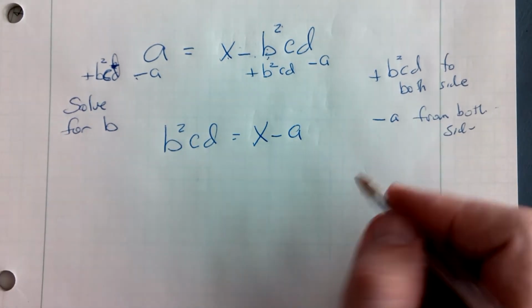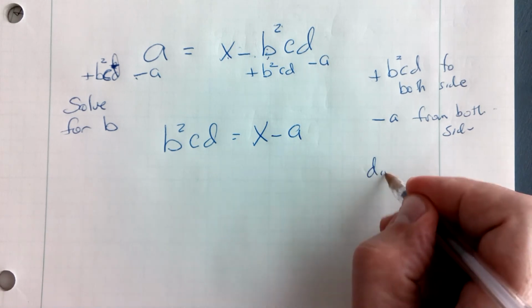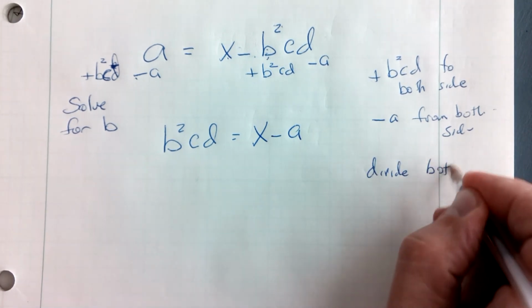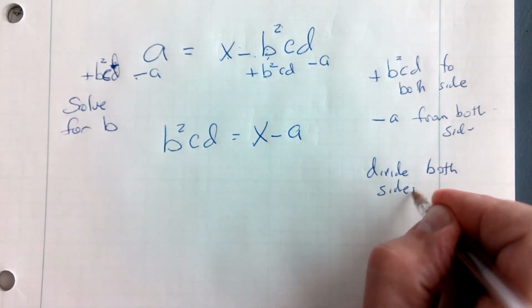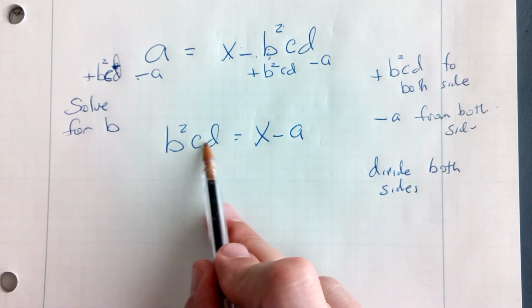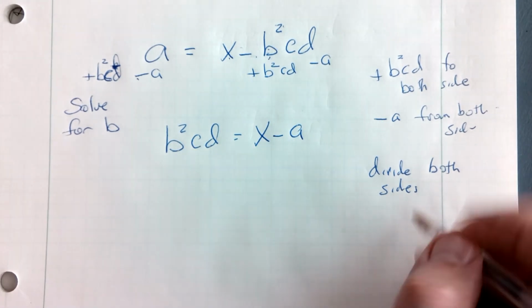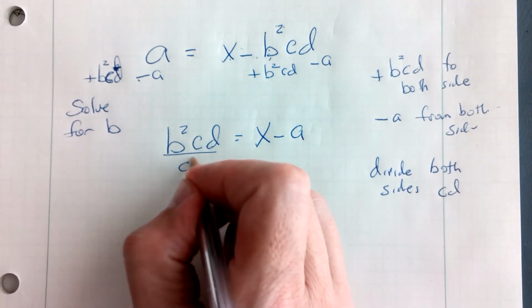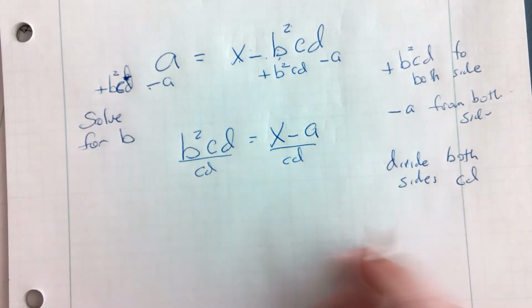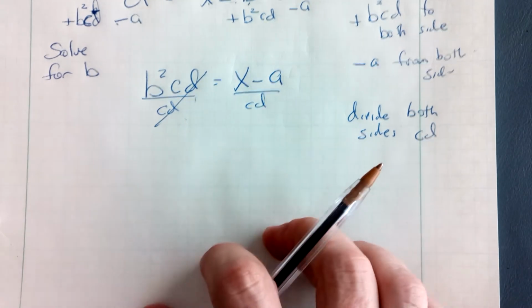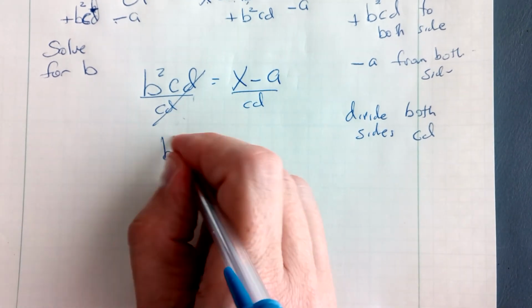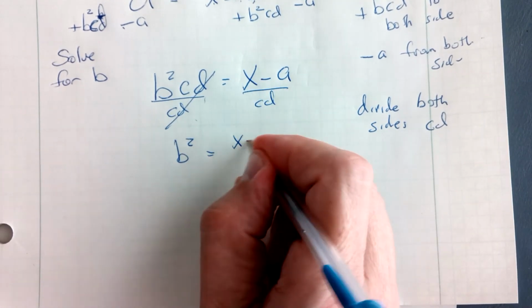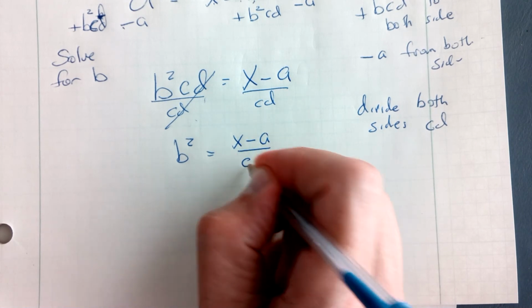Now I'm going to divide both sides by this CD that I don't want with the b squared, both sides by CD. So CD, CD, those are going to cancel. That gives me b squared equals x minus a over CD.